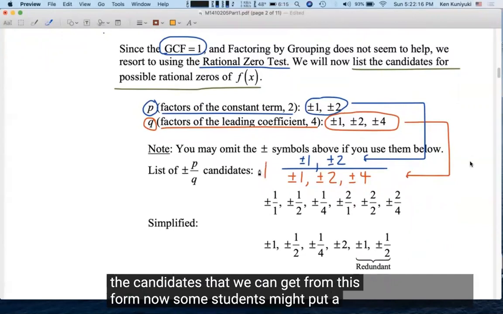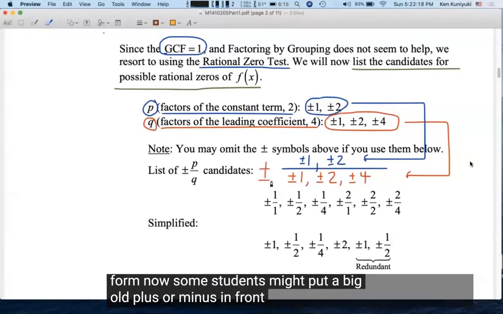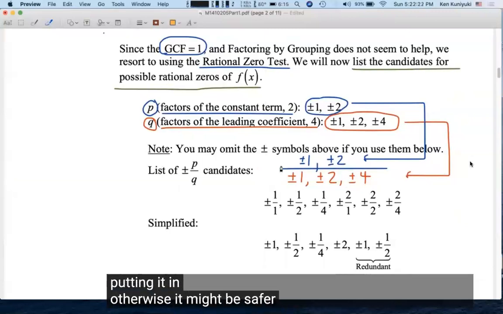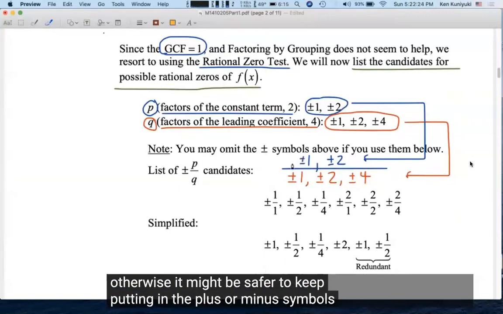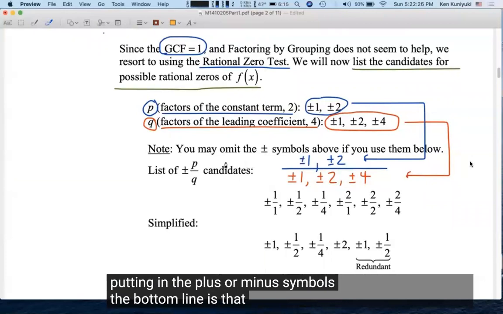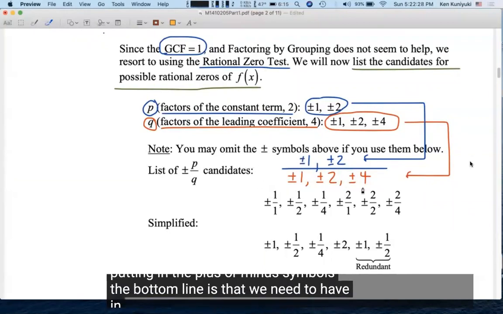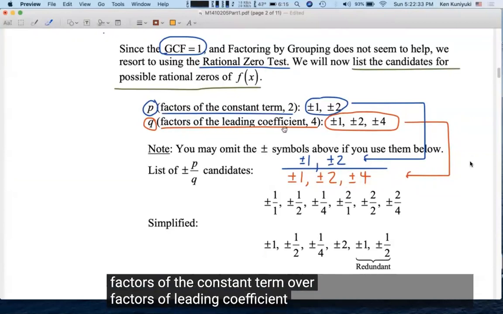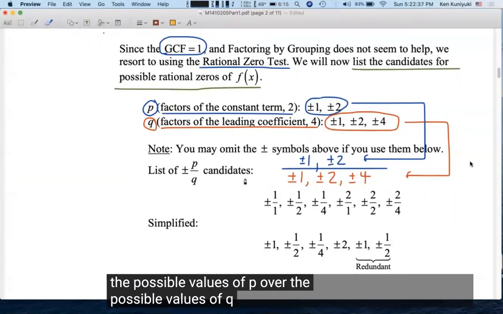Now, some students might put a big old plus or minus in front. That's okay if you remember to keep putting it in. Otherwise, it might be safer to keep putting in the plus or minus symbols. The bottom line is that we need to have, in our format, factors of the constant term over factors of leading coefficient. The possible values of p over the possible values of q.